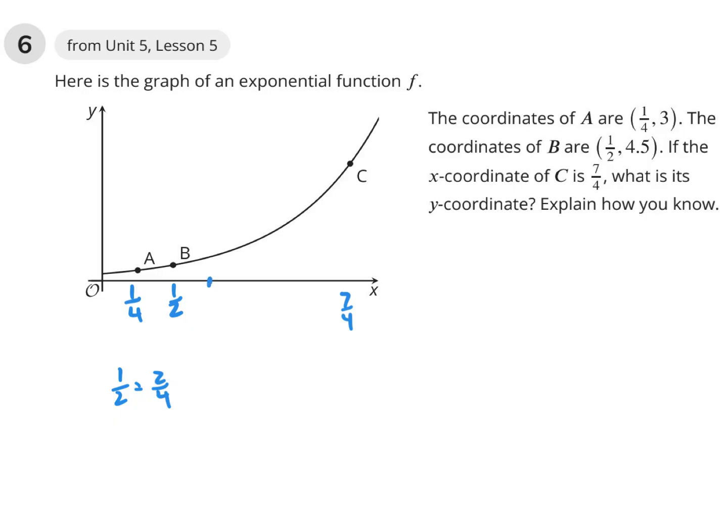So let's make 3/4, 4/4, 5/4, 6/4, and 7/4 at C. So to go from A to B is 1/4. So all I have to do is calculate 1, 2, 3, 4, 5, 6 intervals of time. That's what we're going to do.